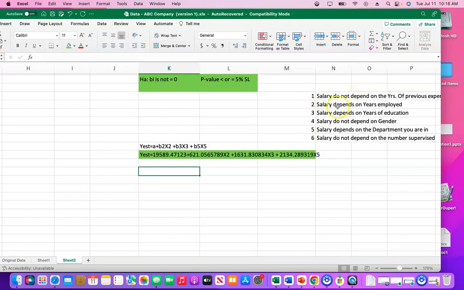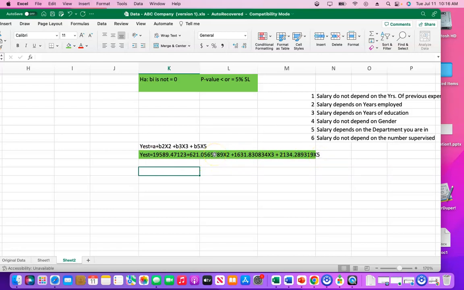That has nothing to do with the salary depending on the years employed or years of education, because all these independent variables are independent of each other. That's what we have to consider. And so when we explain our model or our results, all we have to do is keep other factors constant and explain one after another.